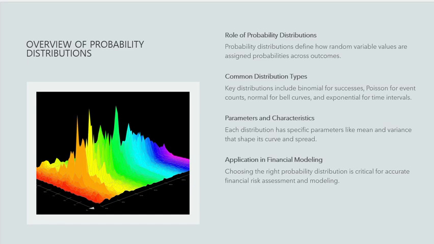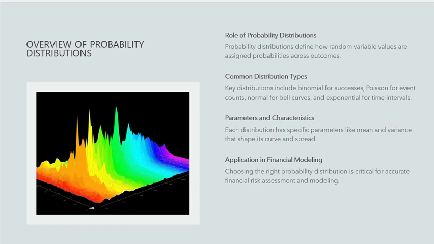It provides a mathematical function that assigns a probability to each possible outcome of the variable. In financial modeling, understanding the appropriate distribution to use is critical for accurate risk assessment and decision making while we are taking financial decisions.